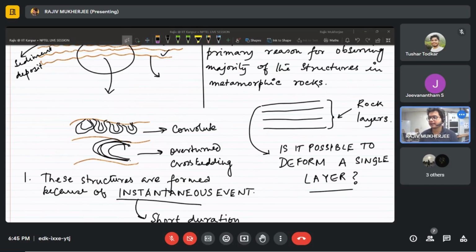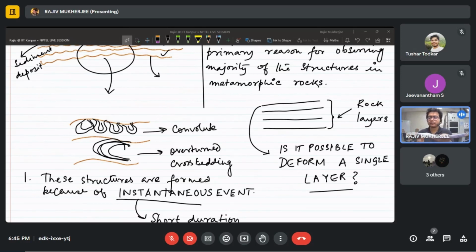Think of it like an example: you have a stack of papers and consider individual papers being different layers, right? I can give you an example, like I have this notepad here. You can see there are several papers, right?